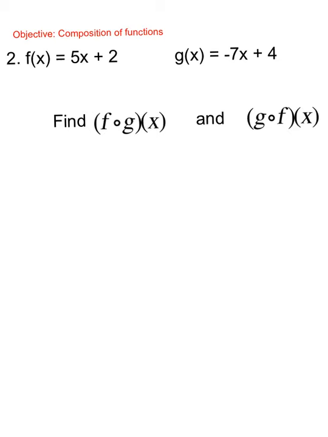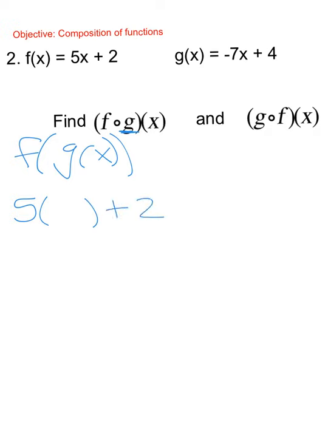So basically when you're thinking about composition, you're thinking of substitution. So this is f of g of x, right? The second one, it's left to right. So we're going to put g of x inside of f. So f is 5x plus 2, and I'm plugging g of x into this.